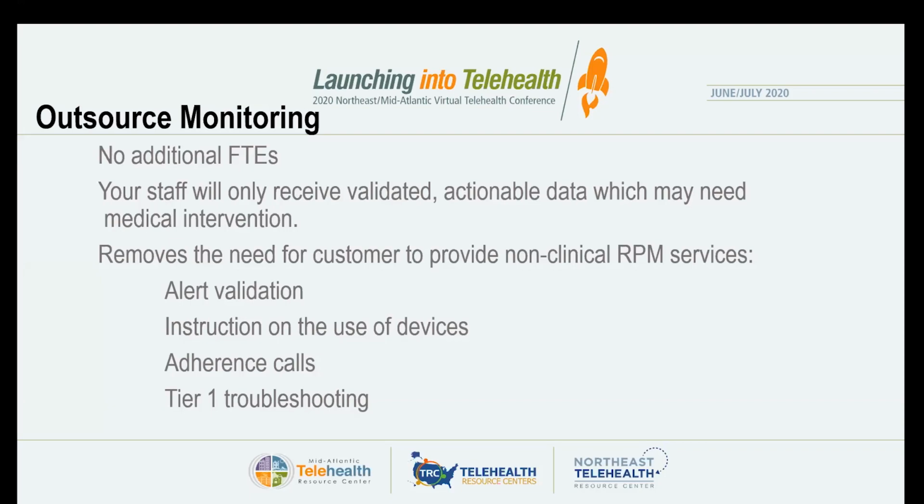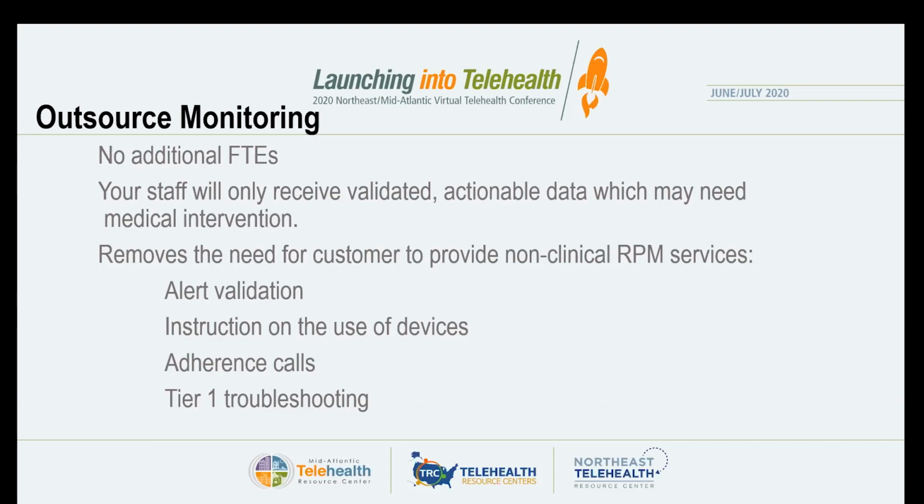because it's not related to any issue that I'm experiencing. The other thing on the adherence calls is when you can get them on the phone, they say, well, I took those readings. Then someone has to provide tier 1 troubleshooting on those devices, such as, can you look and see on your cellular, how many bars do you have? Can we pop a battery out of that scale and put the battery back in?